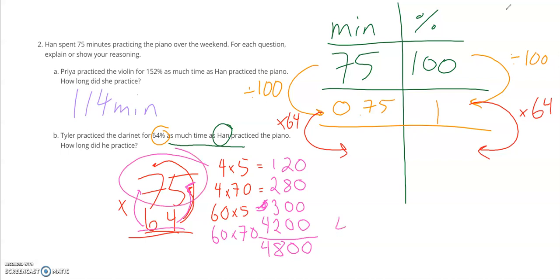So that means we have 4,800 cents, which is 48. Remember, we're not actually talking about money, but it helps me to keep track of where this decimal needs to go. So we're not looking at 4,800 minutes, we're looking at 48 minutes would be 64%.